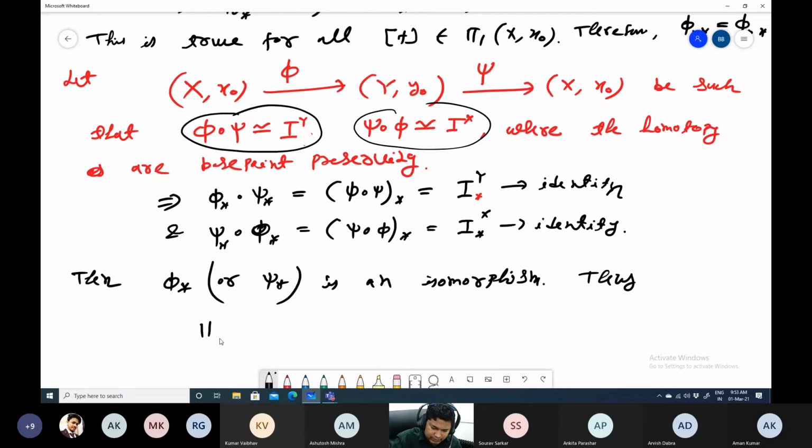So thus pi 1 of x comma x0 is isomorphic to pi 1 of y comma y0.